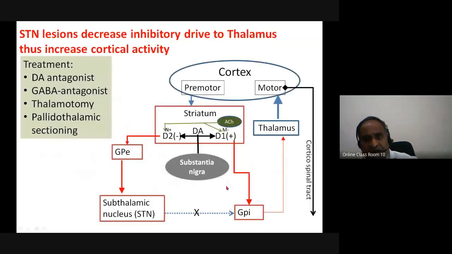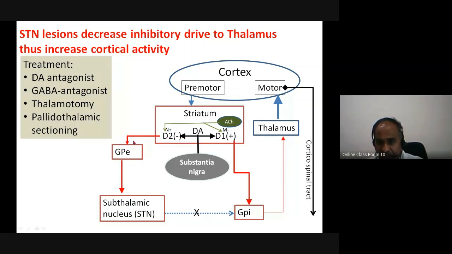Now, what is the problem here? You just see this circuitry I brought in. The problem here: the subthalamic nucleus is destroyed. If the subthalamic nucleus is destroyed, there is no communication between the subthalamic nucleus and GPi. So you are aware of this picture. We have the cortex here, we have the striatum here, we have the GPe.